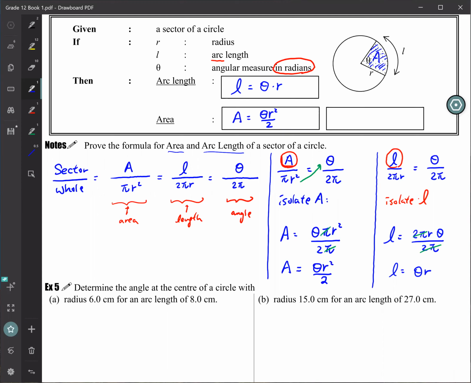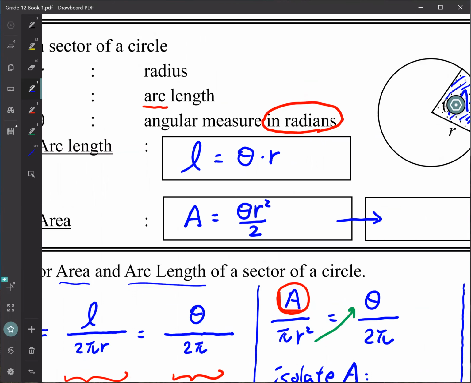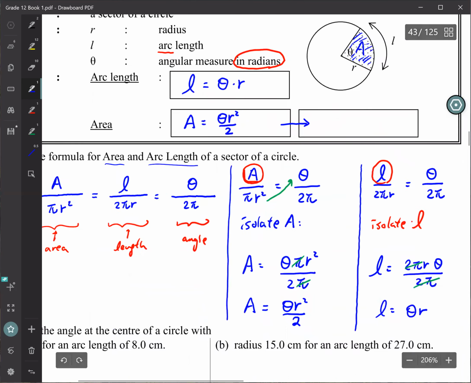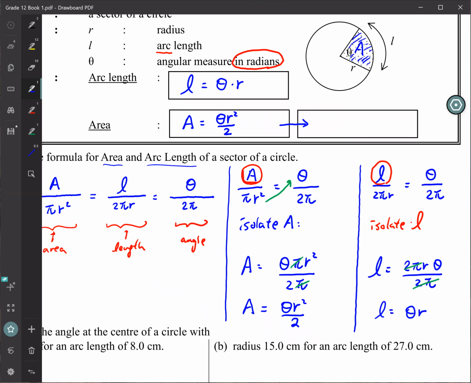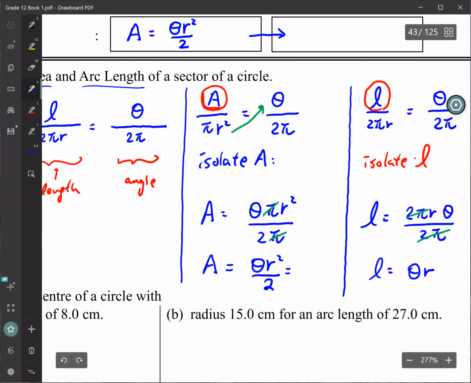Now there's another box, right? Which is derived from the combination of the first two, okay? Because if you look at the formula, theta r also appears in the area, right? So I can rewrite the first one differently. I can write it as theta r times r over 2, right?